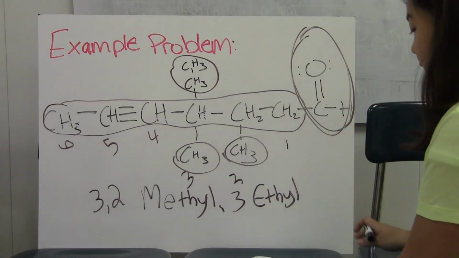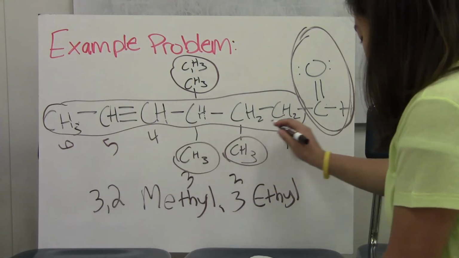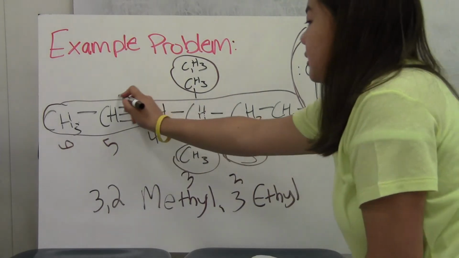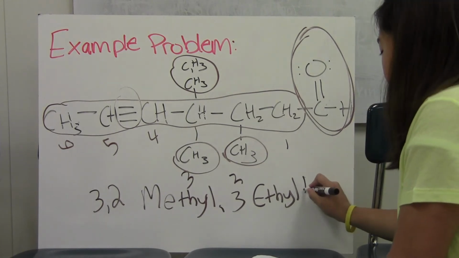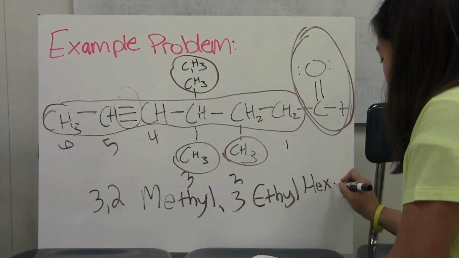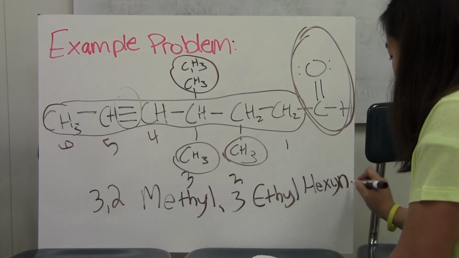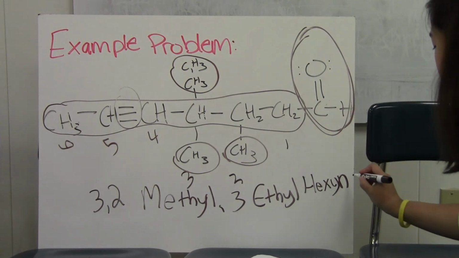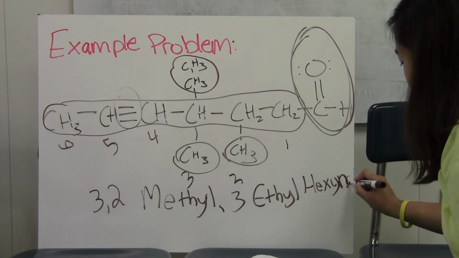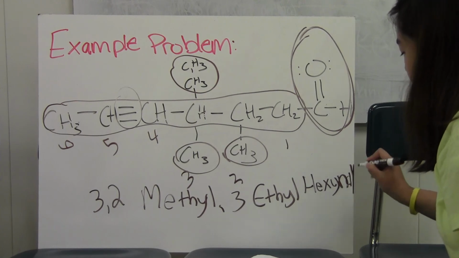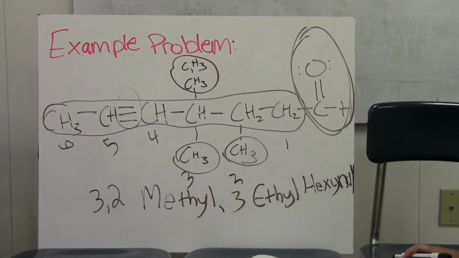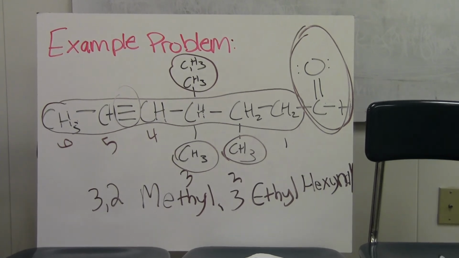So the parent chain is going to be renamed hexyne because of the triple bond, and because there's 6, hexyne. And then an aldehyde makes it so that the parent chain is going to have an al at the end, making the compound 3,2-methyl 3-ethyl hexynal. And that is how you name organic compounds.